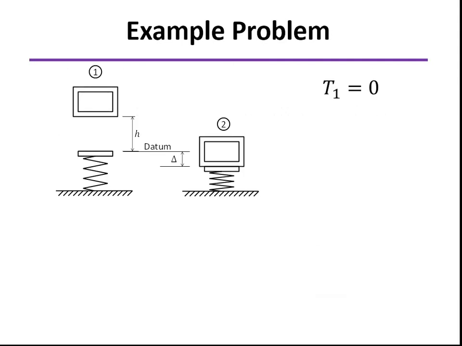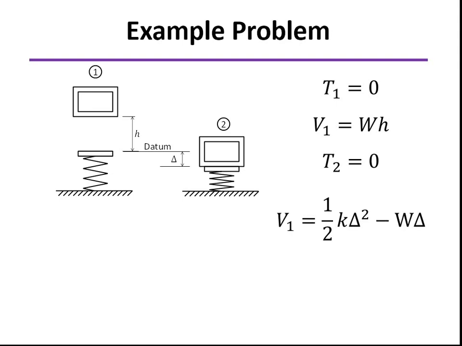So the initial kinetic energy is 0 because we're dropping it from 0 velocity. The initial potential energy is the weight times the height h, the distance above the datum. The final kinetic energy is 0. It's coming to a stop at the maximum compression. And now for the final potential energy, there's actually two terms.